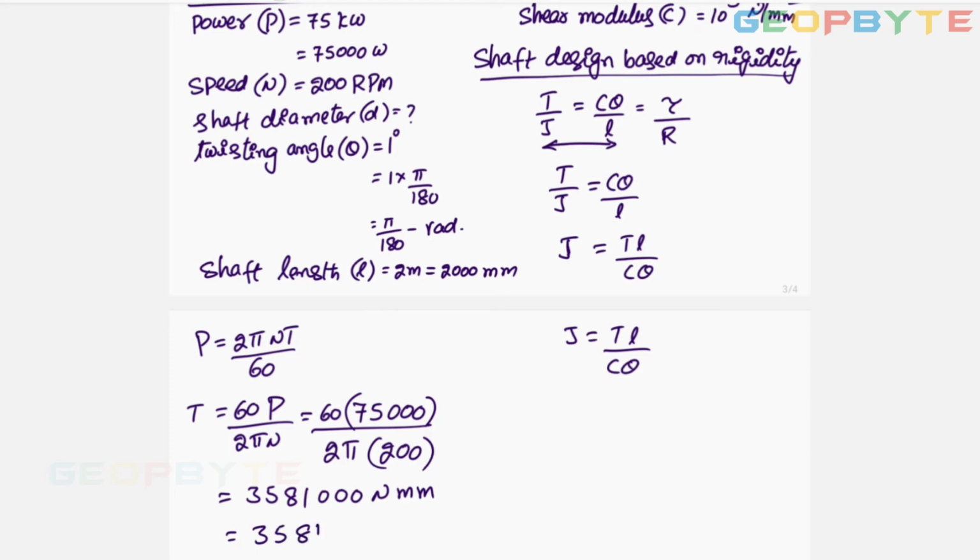Okay, 1 minute. This is not correct. I'm sorry, this is the printing mistake. I got the value from this. You are getting the torque in Newton meter, 3581 Newton meter. That is the approximate torque.